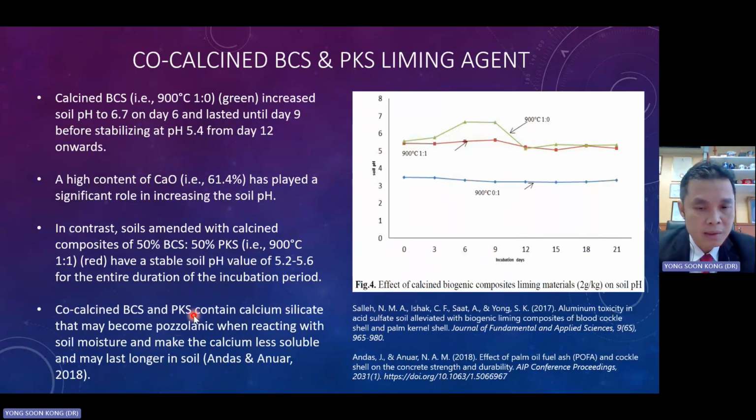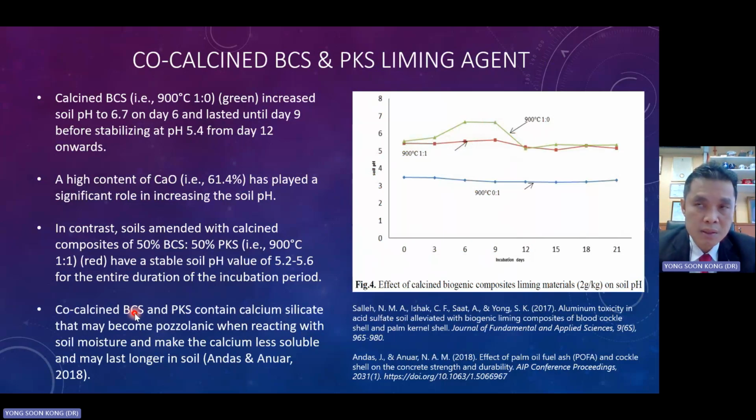Now, coincidentally, a colleague of mine in UiTM on the Northern Park branch campus also conducted a similar experiment, but this time looking at its application in cement. And surprisingly, she mentioned one word, which is calcium silicate, and the calcium silicate hydrate to be more exact.